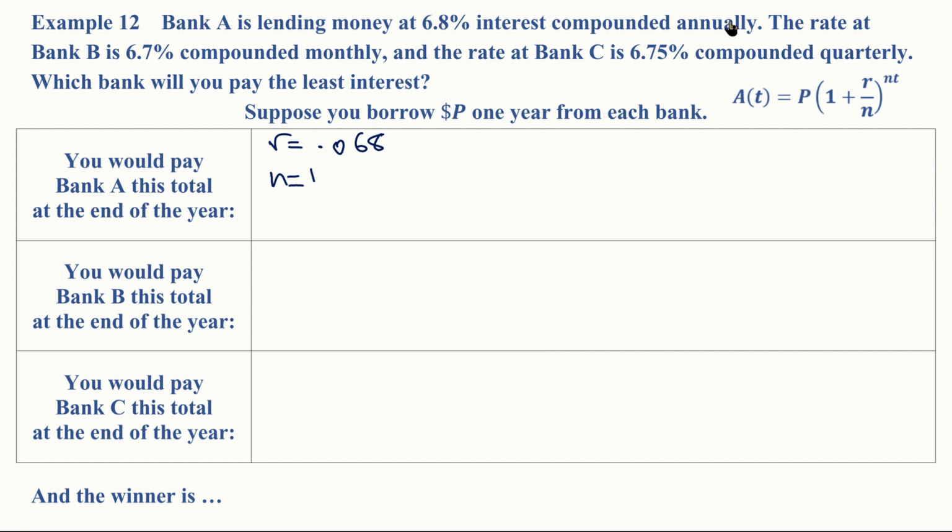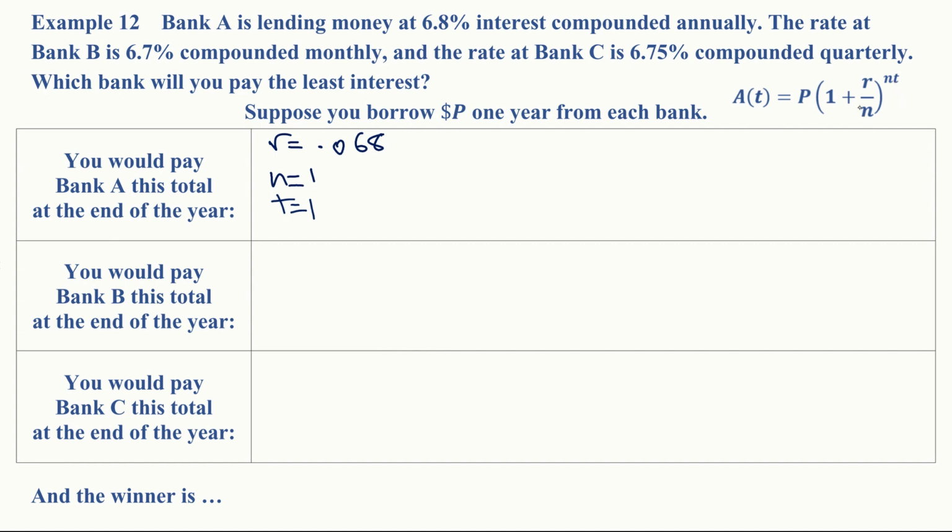Because that'll be giving you enough information to see which bank is going to be charging you the least interest. So we'll just let T be 1. So we have the P, we're just using P itself. R we have, N we have, and T we have. So we're ready to go ahead and calculate.